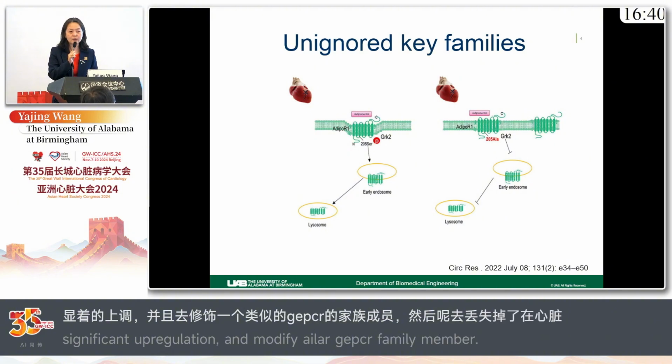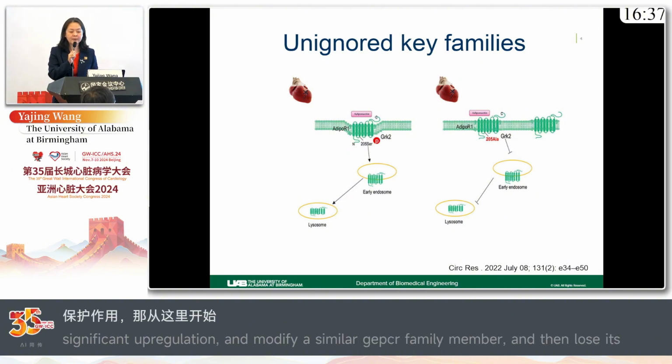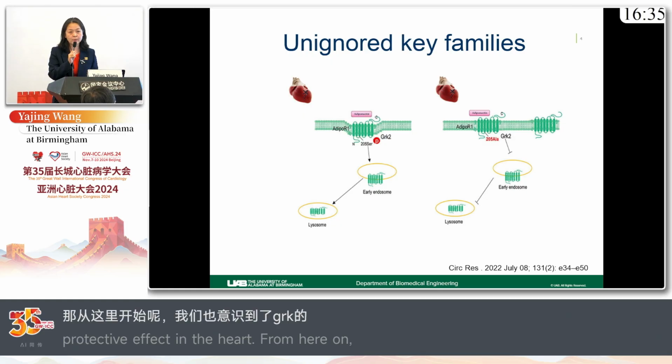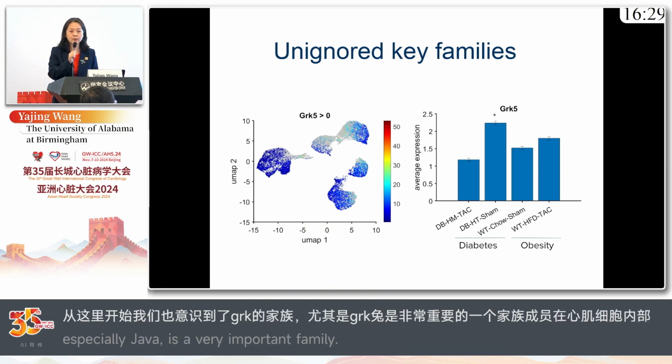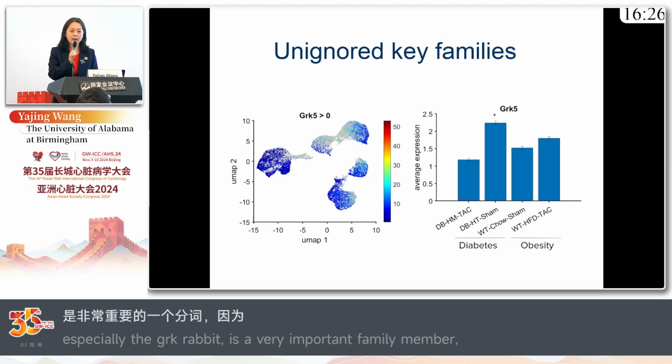From here, we realized GRK2 is very important in the cardiomyocytes themselves, and blocking GRK2 can slow down the heart failure process.